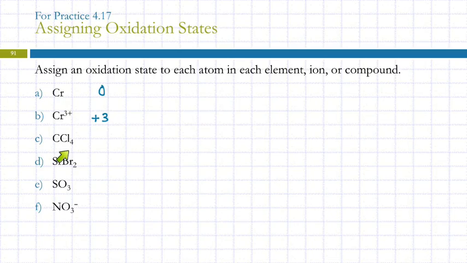Here we've got CCl4. So these are both nonmetals. It's a molecular compound. So we can't look at ion charges because there aren't any ion charges. And how do we decide who has to be the bad guy, the positive one, and who gets to be the negative one? Fa765. So, fluorine, no fluorines.